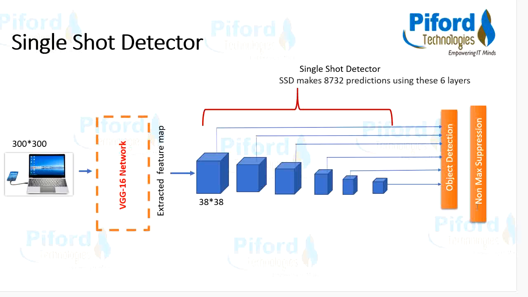Basically SSD will check the confidence score of each box and will pick the top 200 predictions per image. This is the basic architecture of it. Now I'll explain the things in a deeper way.